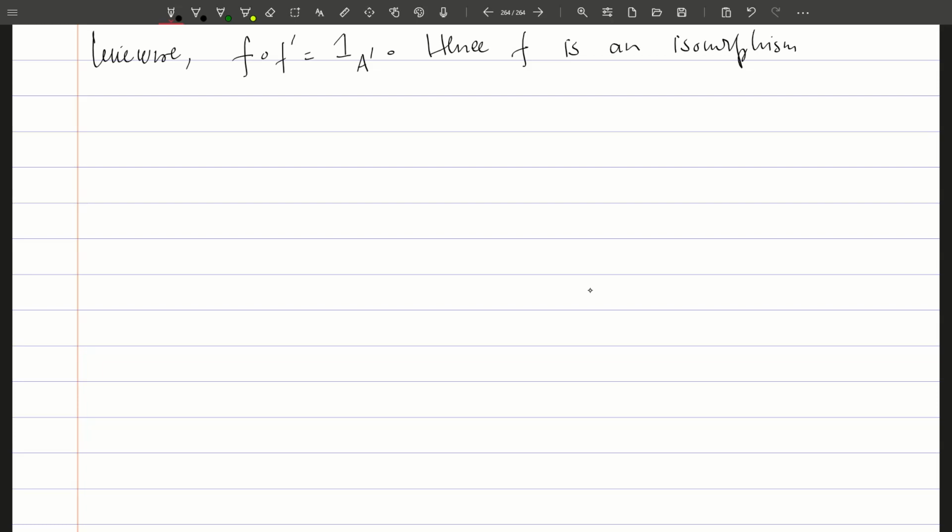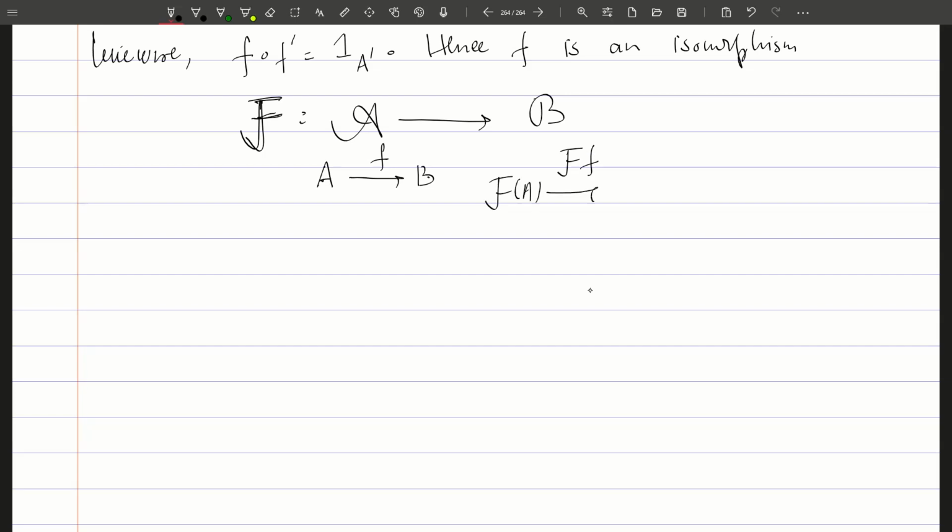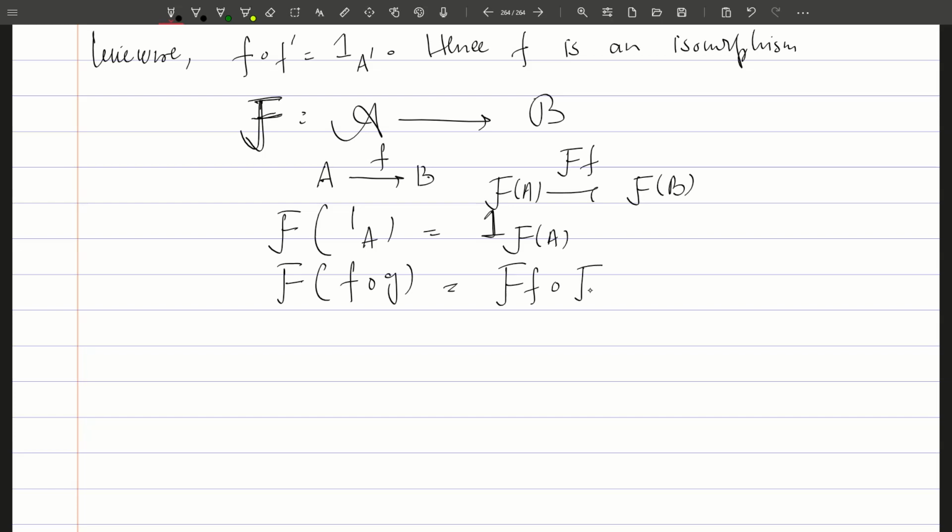So we know if we have a category A and a category B, and we have a map F from category A to category B, we call this F a functor, which maps the arrow f between objects A and B to the arrow F of f between objects F of A and F of B, subject to the conditions that F preserves the identities, i.e., F of identity on A is the same as identity on F of A, and F preserves the composition, I mean F of f composite g is the same as F of f composite F of g.